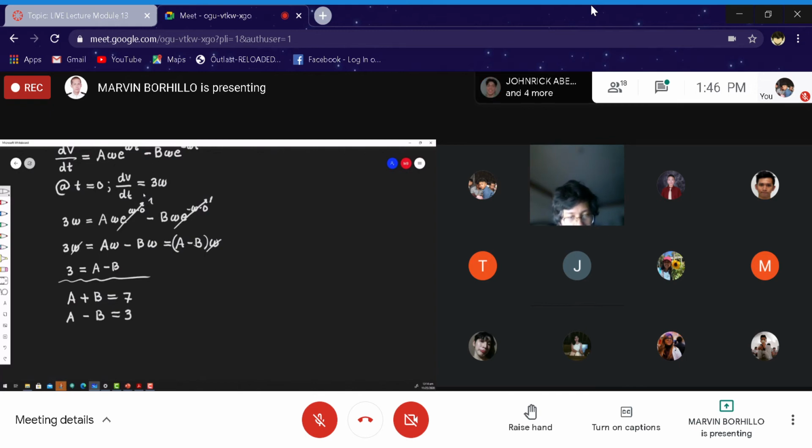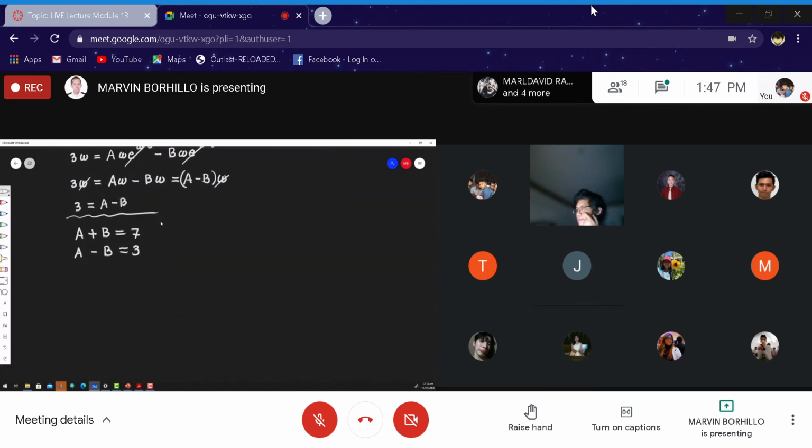You can use Cramer's rule or you can use the function that you have in your calculator. So, anyways, the shortcut solution will be A is equals to 5 and B is equals to 2. Oh, konting check. 5 plus 2 equals 7. 5 minus 2 equals 3.